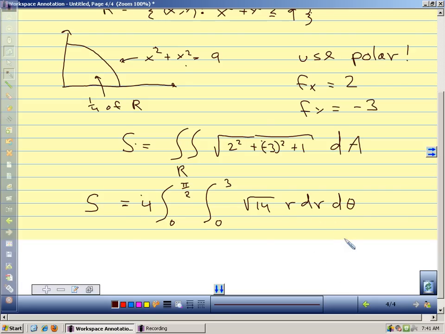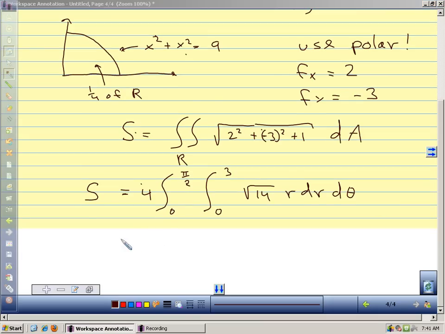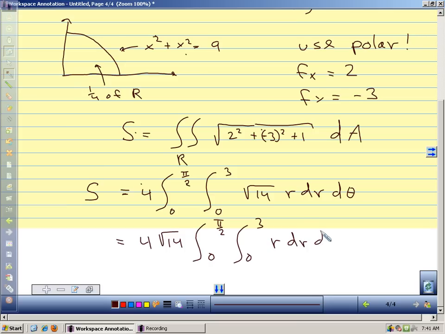Can you just plug in the r? dA in polar coordinates is always r dr d theta or r d theta dr. That is dA in polar coordinates. Then I'm going to pull the square root of 14 out: 4 square root of 14 times the integral from 0 to pi over 2, 0 to 3 of r dr d theta.